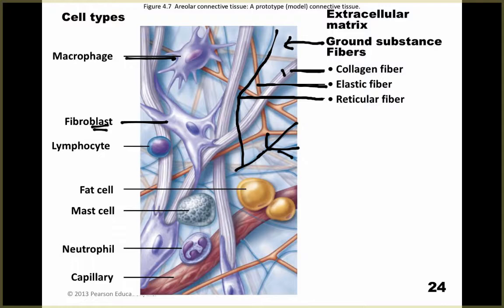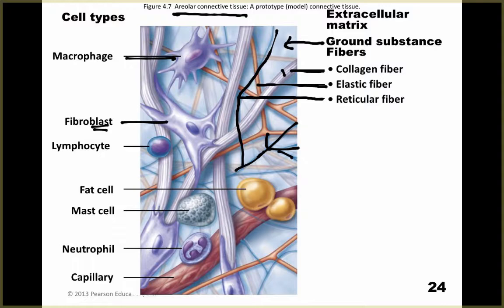Developing tissue, right? So fibroblasts, this is going to be apparent in those types that are dealing with connective tissue. And if you look here at the top, it's showing you a prototype or model of a connective tissue, specifically alveolar connective tissue.